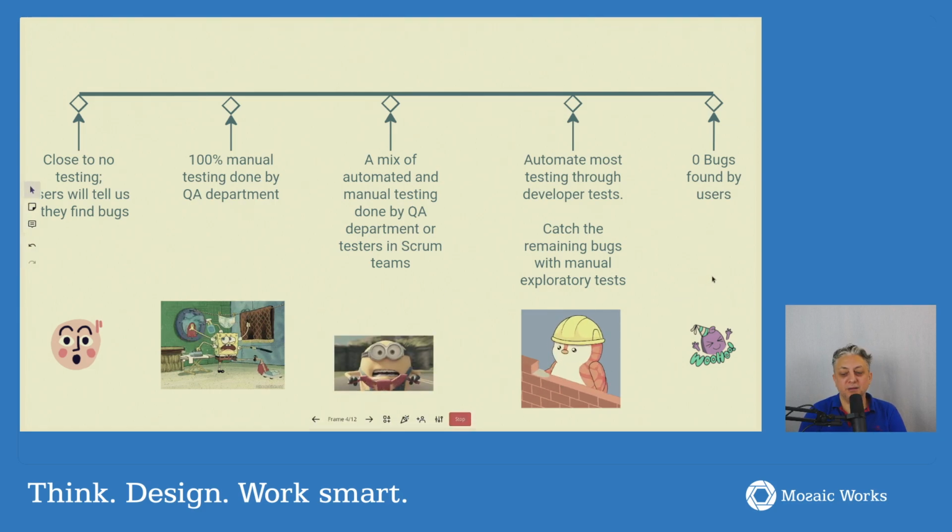Now, the other extreme to this is when you say, I want to have 0 bugs found by users. And by bugs, I'm going to be very specific here. We don't mean small things like a label is slightly misplaced, or there's a typo, or things like that.